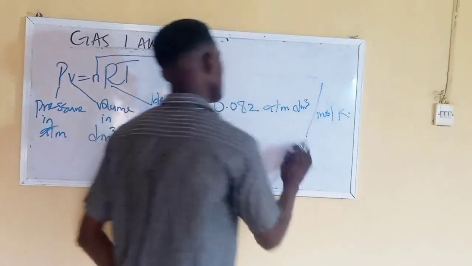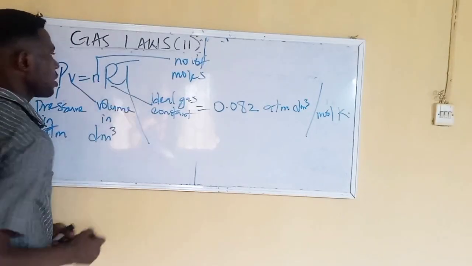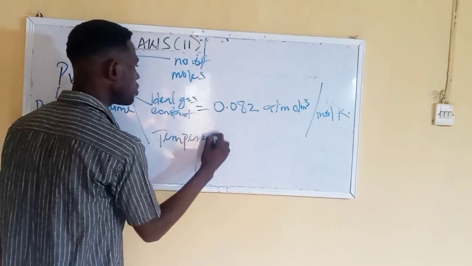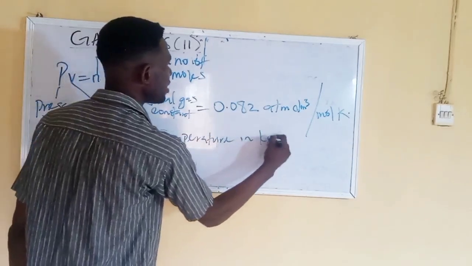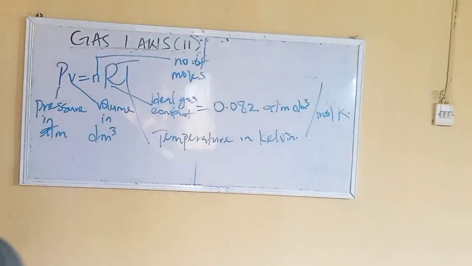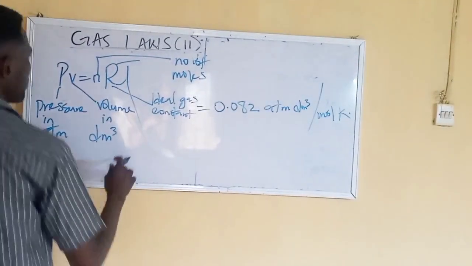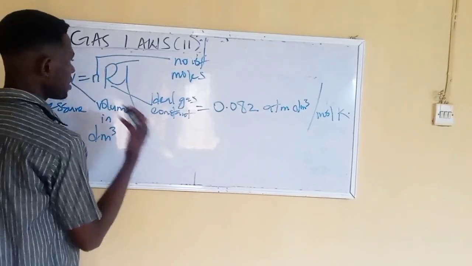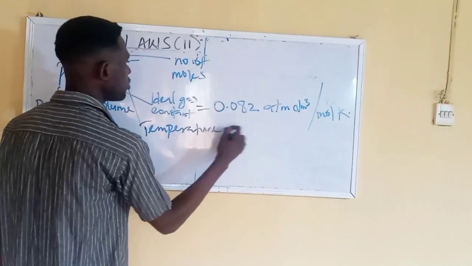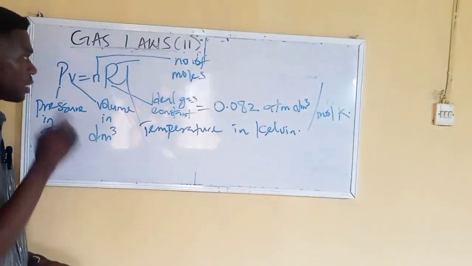Then you have Kelvin. This is the constant. Then you have your temperature here, your T, which stands for temperature in Kelvin.